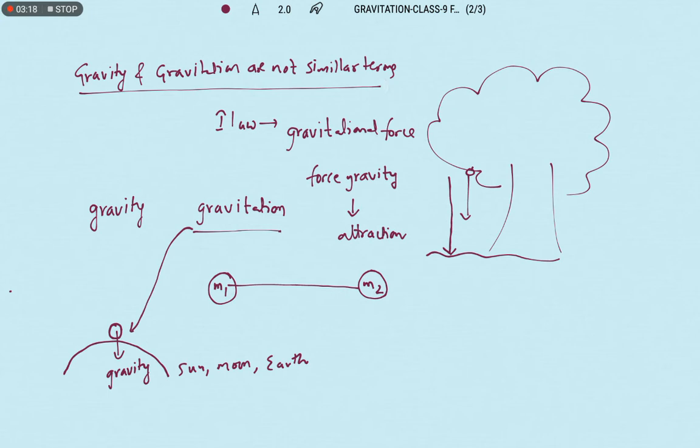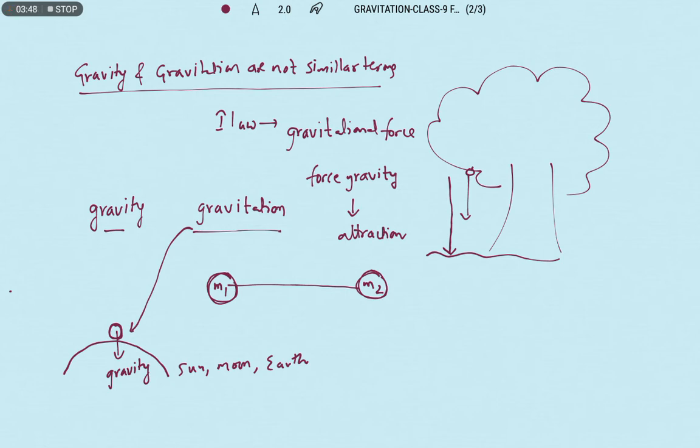Why are they not similar terms? Gravitation is a force of attraction between two bodies due to their masses. And what is meant by gravity? Gravity is a force between huge bodies and the objects present on their surface. So this is the difference between gravity and gravitation. Gravity is a special phenomenon of gravitation.